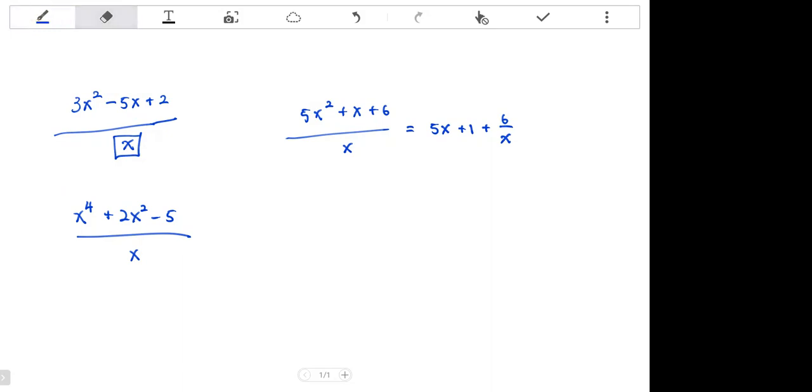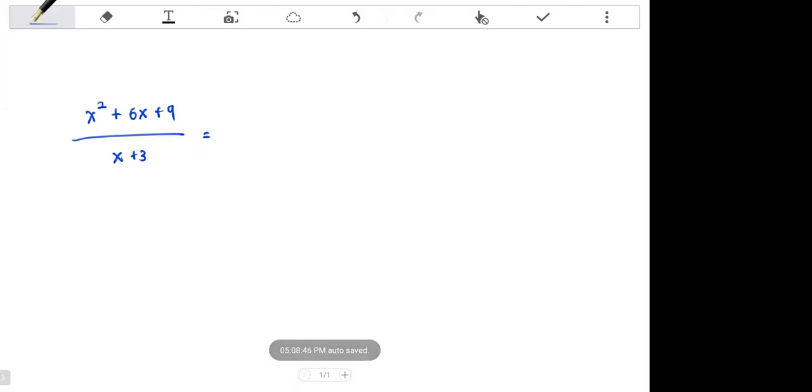Moving on. Linear factors. These are a bit harder. Let's try one question with no remainder. x squared plus 6x plus 9 over x plus 3. 이건 민혁이가 해줄 수 있어? x plus 3.